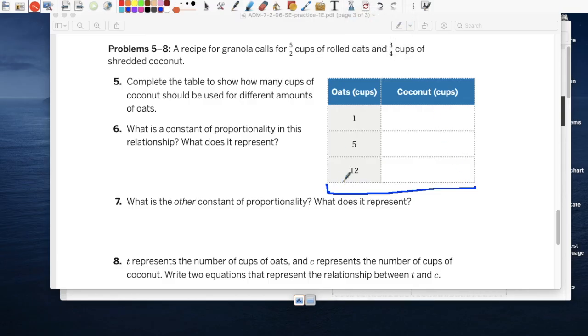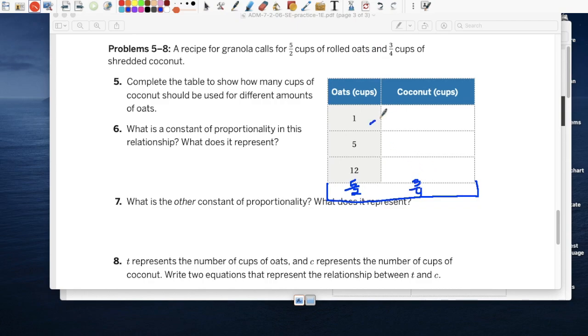It says that if I have 5/2, or 2.5 cups, I'm going to keep it as a fraction, 5/2, I need 3/4 cups.